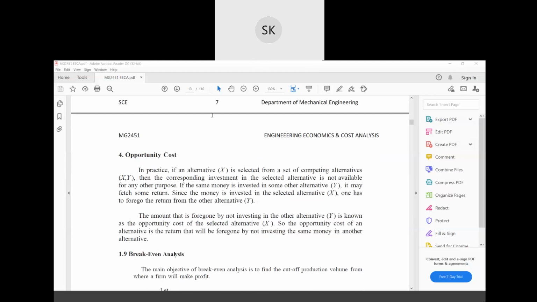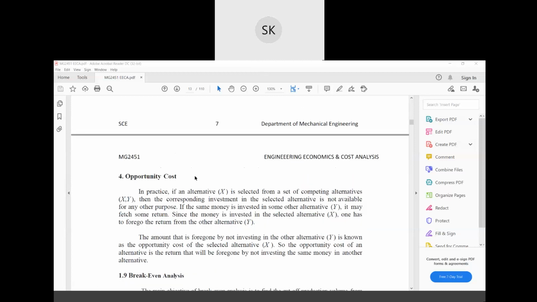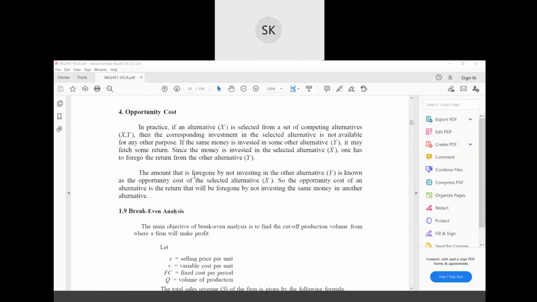If you don't have any doubts, then I'll continue with the new topic, which is break-even analysis, which you are familiar with this word now, I guess. So respond. Do you have any doubts from earlier topics, or should I continue?